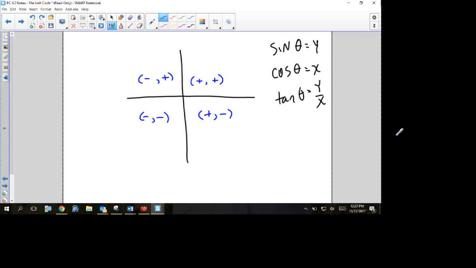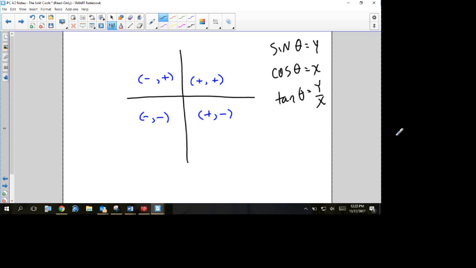Look up here, and where is y positive? Elijah, where's y positive? What quadrants? Quadrant 1 and quadrant 2.